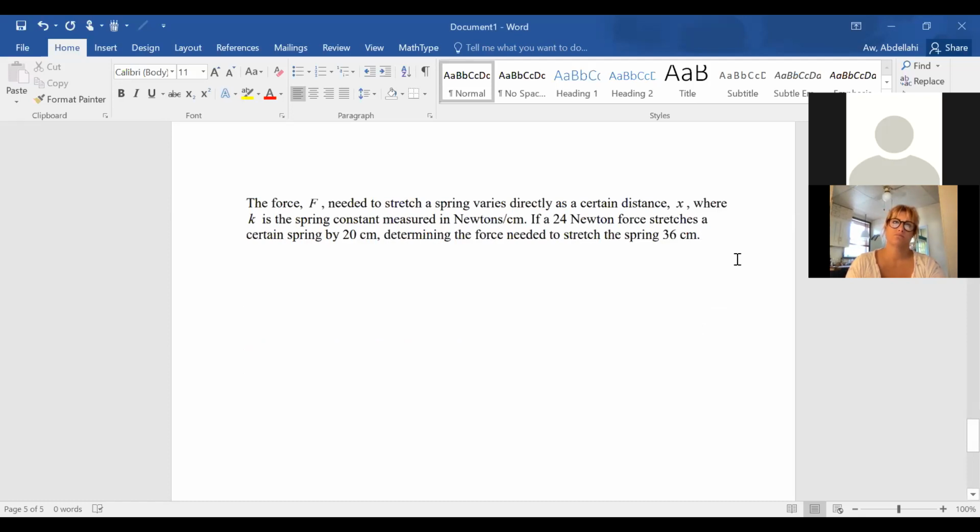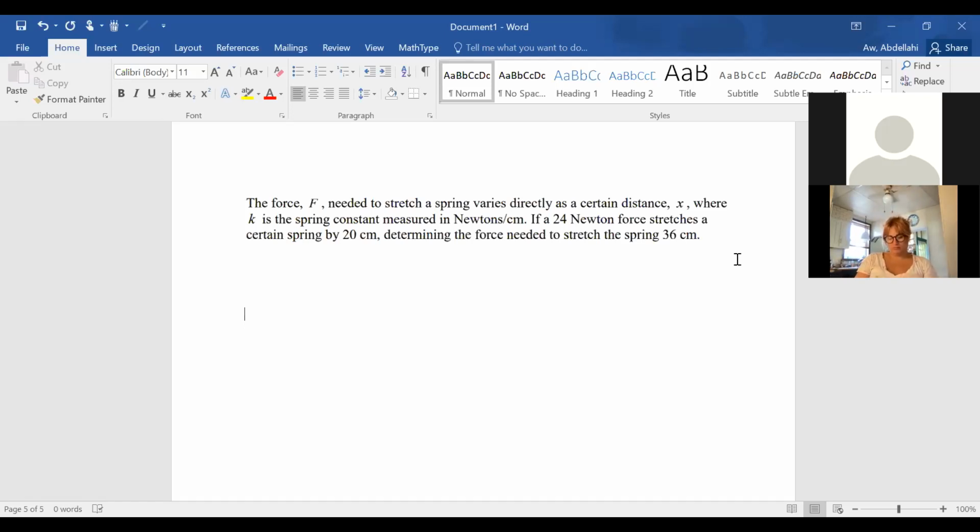All right, so tell me, what are the two variables that you see? Force and distance. Thank you. Force and distance, right? I think it's pretty clear.